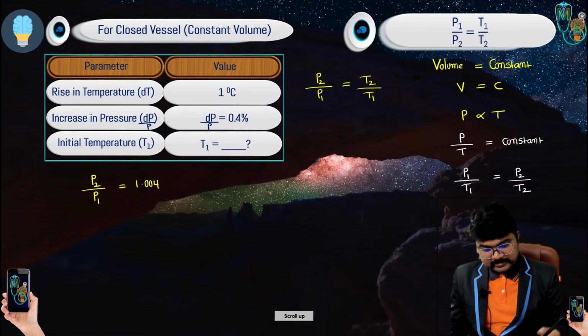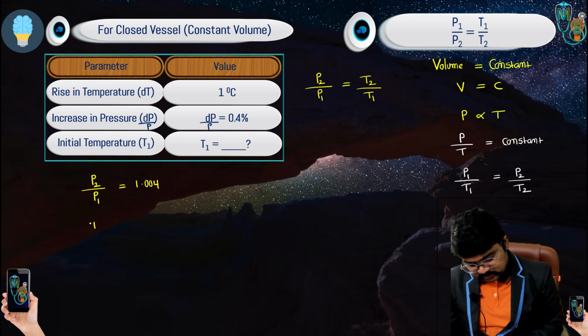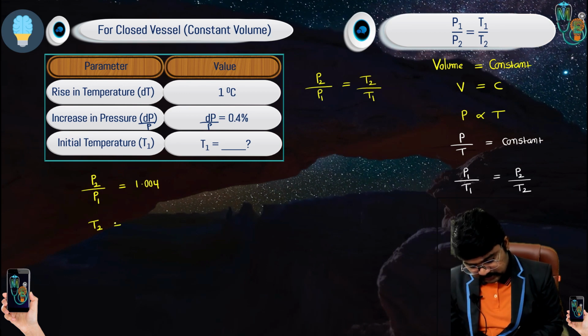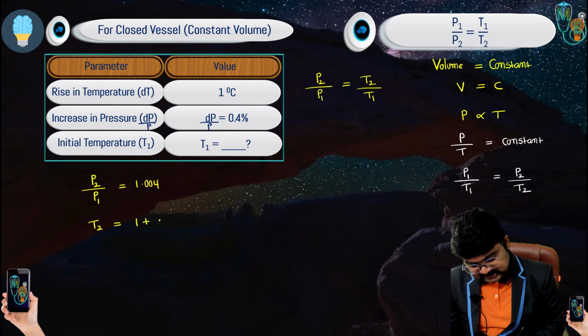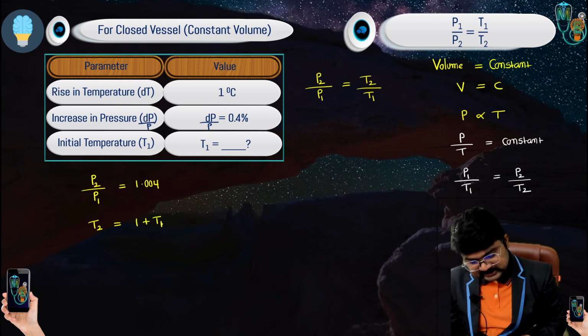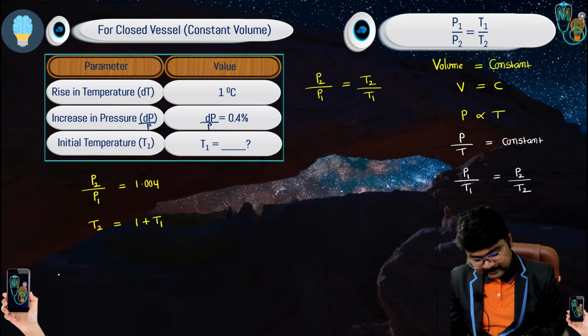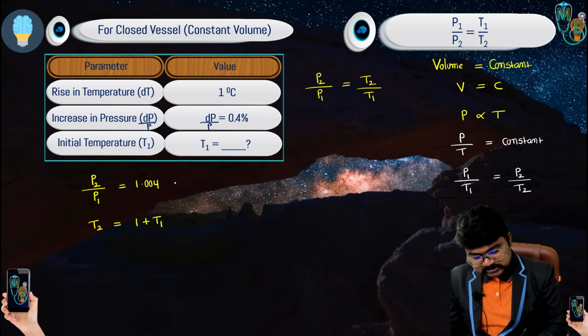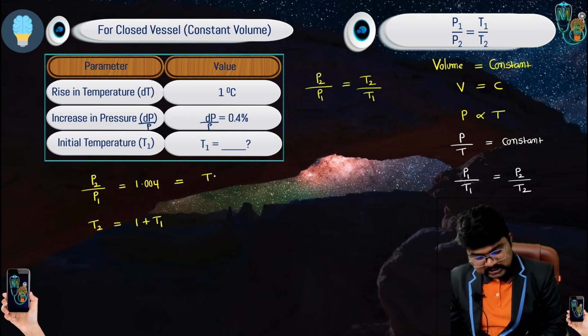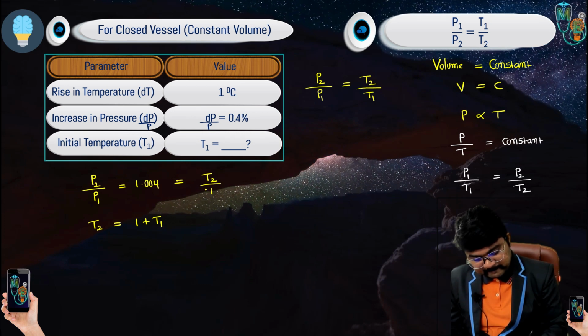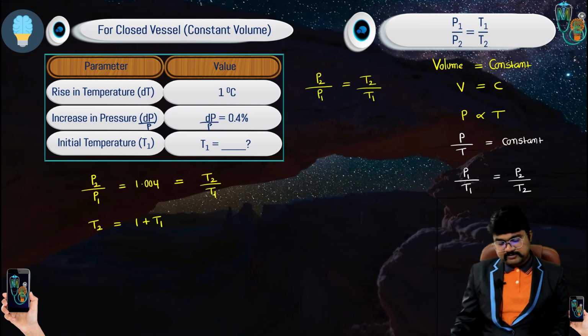Sorry, T2 equals 1 plus T1. So T2 by T1 equals (1 plus T1) by T1.